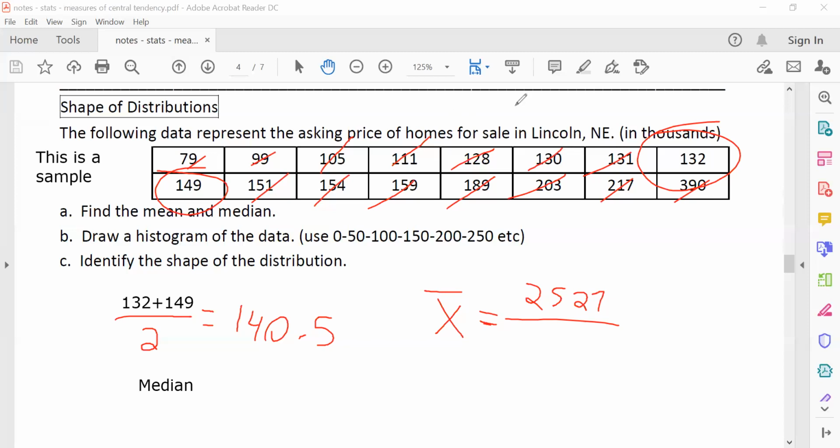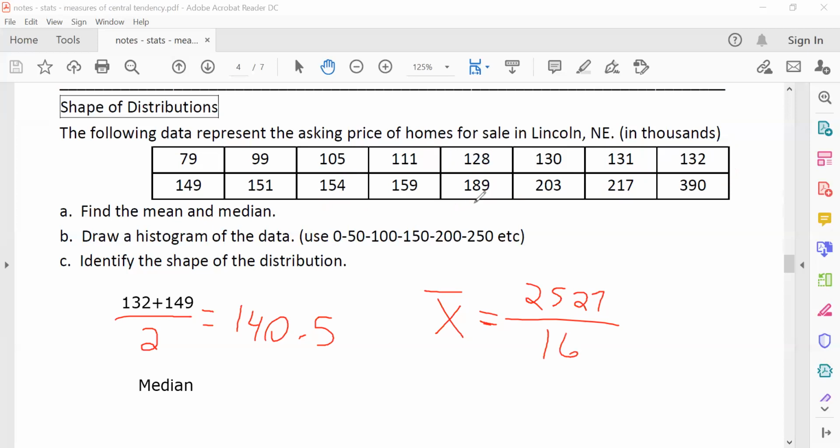Yeah, like this 390, that one's pretty telling. That one's a pretty big value. So I got 2527, and there's 16 data values here.